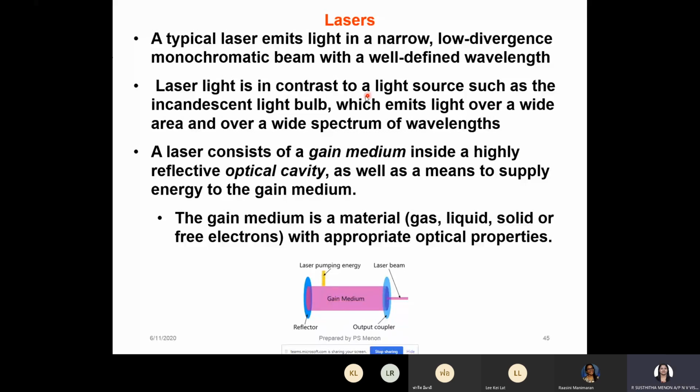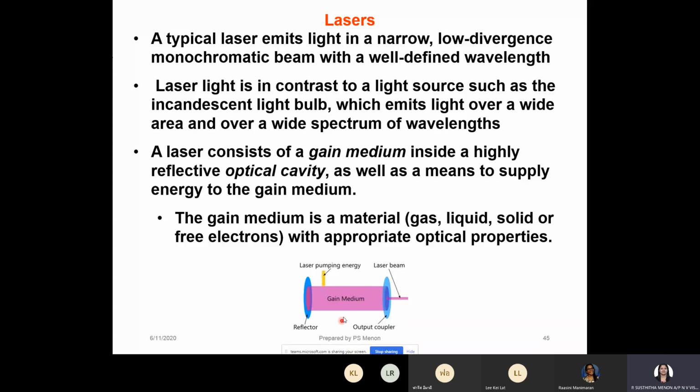So in contrast to the incandescent light bulb, this is a bulb. So it emits light all over the area and a wide spectrum of wavelength. So you can see in laser, it's very, very sharp. It is not like a bulb where light is spread out, or like an LED, light is spread out. So it's very sharp light.